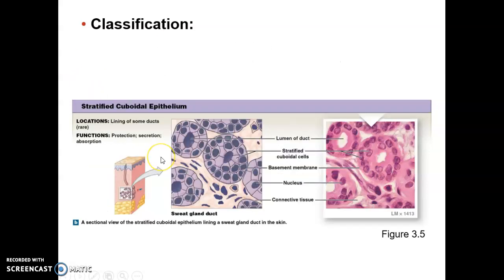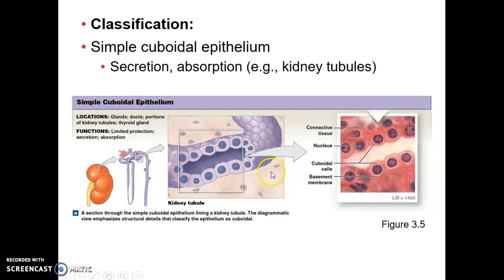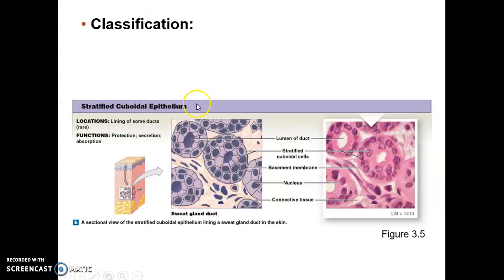Okay, now stratified cuboidal epithelium. The difference between simple cuboidal and stratified cuboidal epithelium is that there's more than one layer of cuboidal cells. And on an actual slide, a micrograph, it's not always super easy to distinguish the more than one cell thick epithelium.